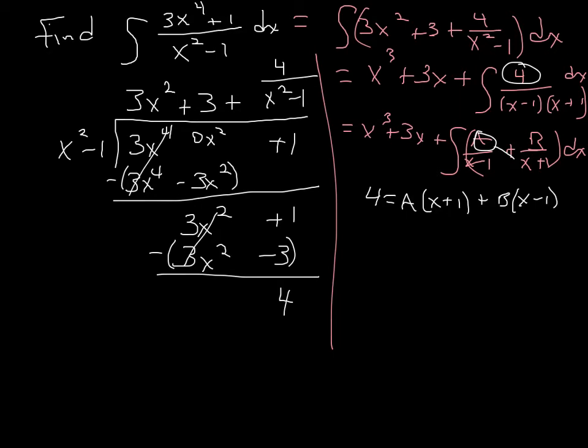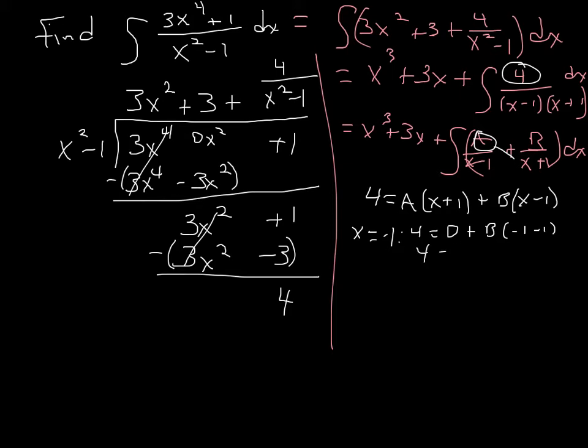All right, so when is the first term going to go to 0? When x equals negative 1, we'd have 4 equals, and that would be 0 plus b. Sorry, I didn't write my negative sign in there. Let me try this again. Equals, when x equals negative 1, and so that would be -1 minus 1.